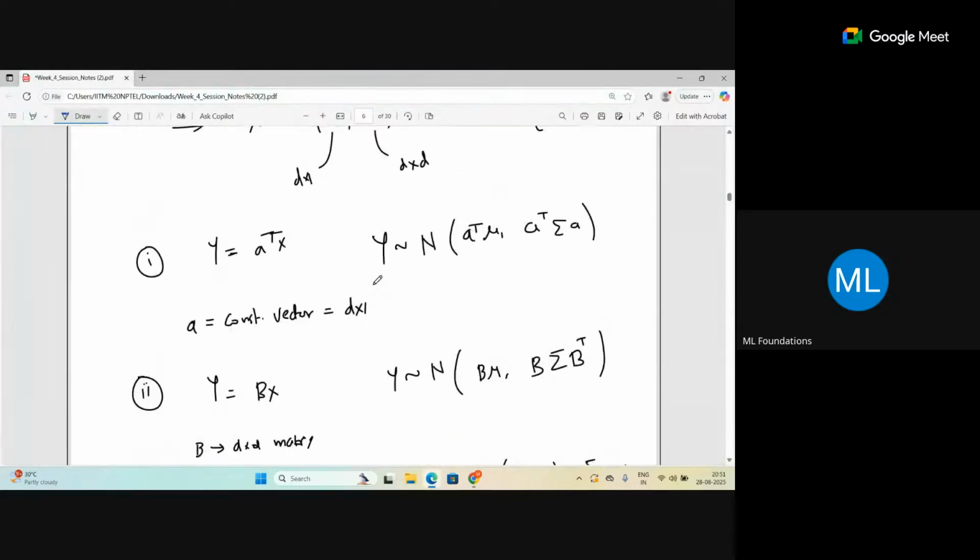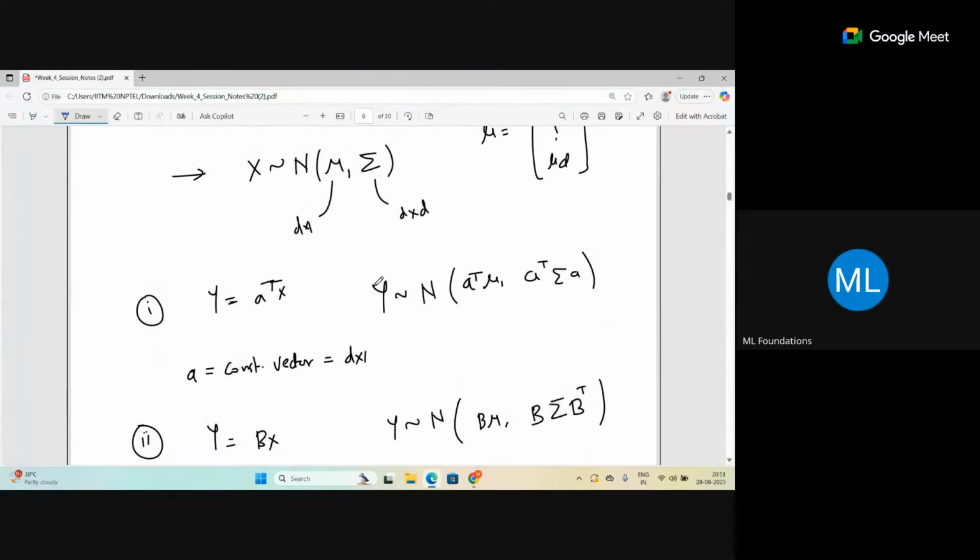You can say that they're not conditions. They're kind of properties. So if I know x is distributed like this, and I define a new random variable y, which is A transpose x, then what will be the distribution of y? The expectation of y is the expectation of A transpose x.